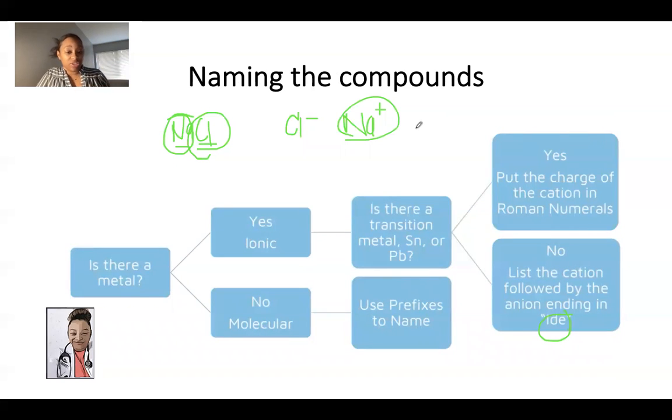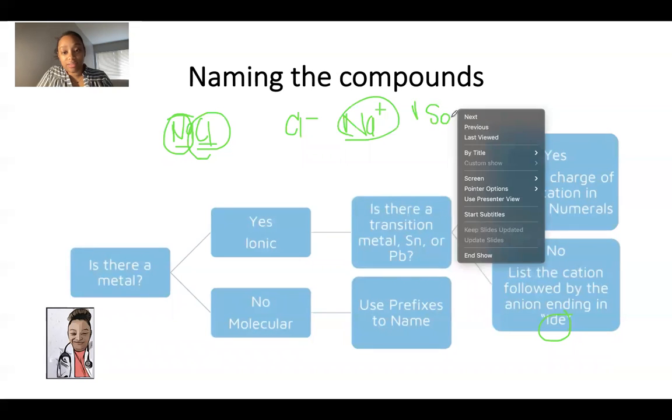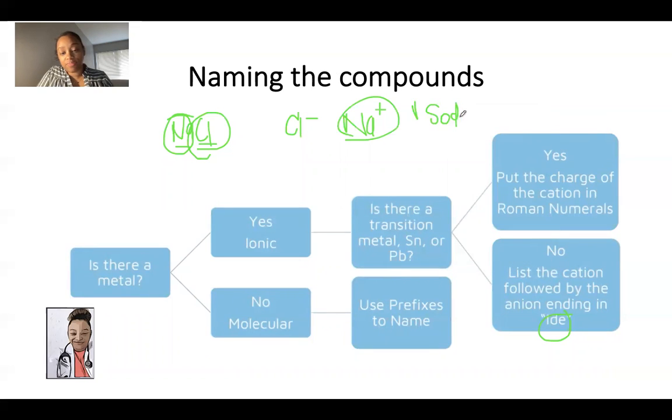Instead of saying sodium chlorine, we say sodium chloride. Is that simple enough? So this is sodium chloride.